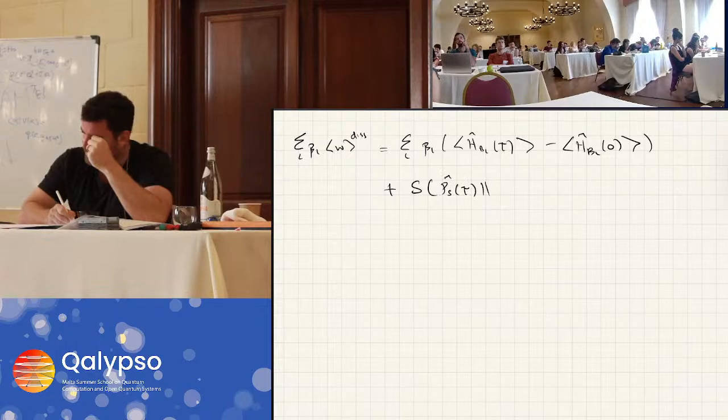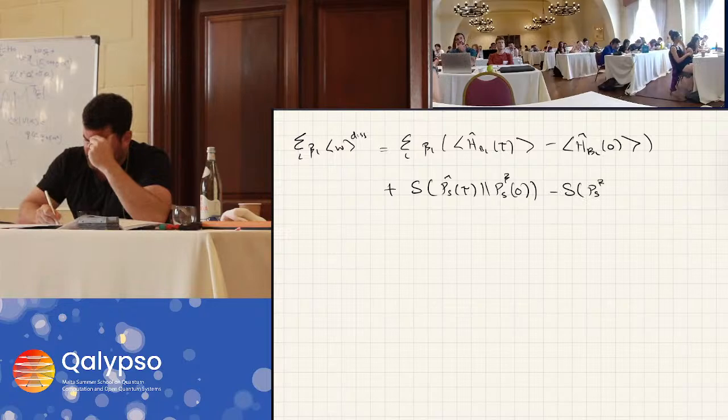You kind of have to stare at it, but minus S of rho_S(beta_0) plus S of rho_S(tau).